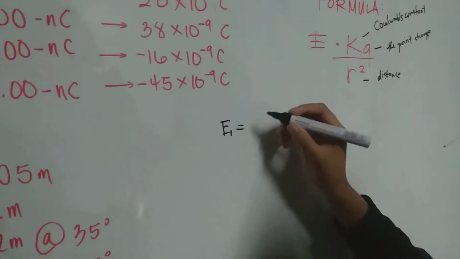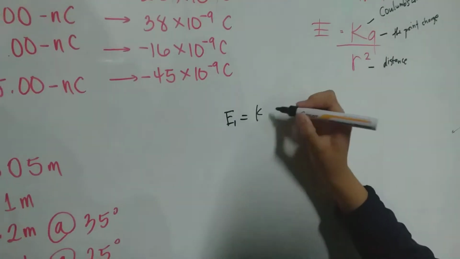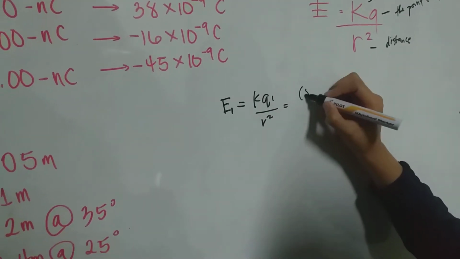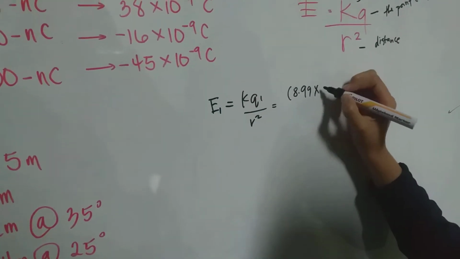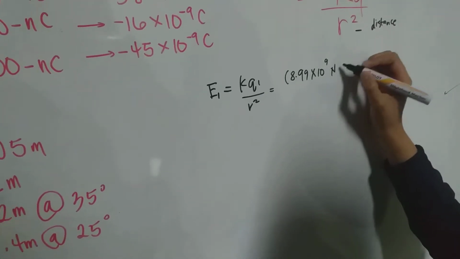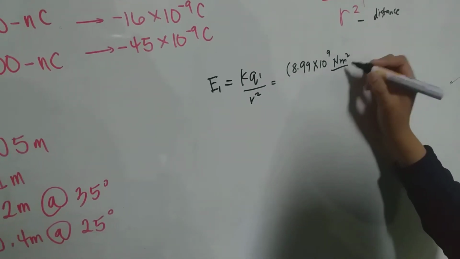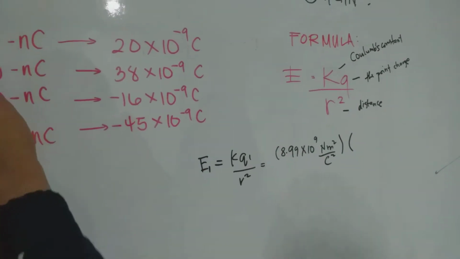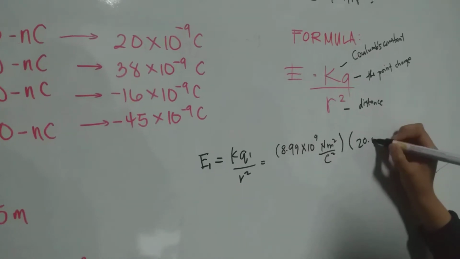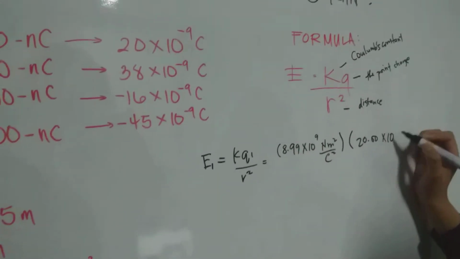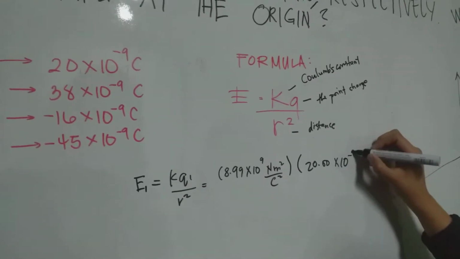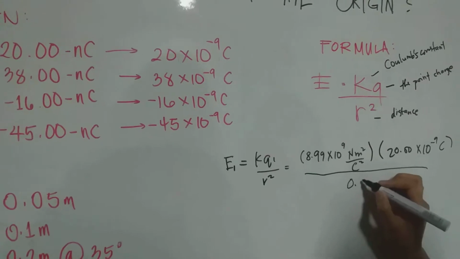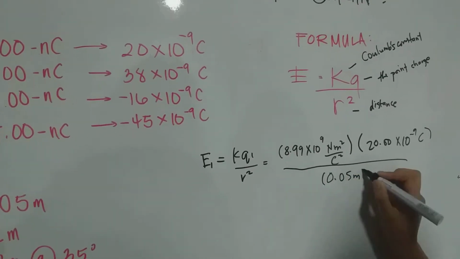Now E1 is equal to KQ1 over r squared, where K is equivalent to 8.99 times 10 to the power of 9 newton meter squared per coulomb squared, times Q1, which is positive 20 nanocoulomb, 20 times 10 to the power of negative 9 coulomb, over r squared, the first distance, 0.05 meters squared.